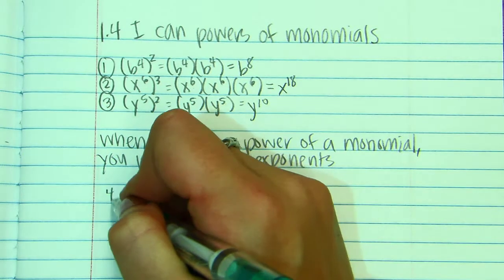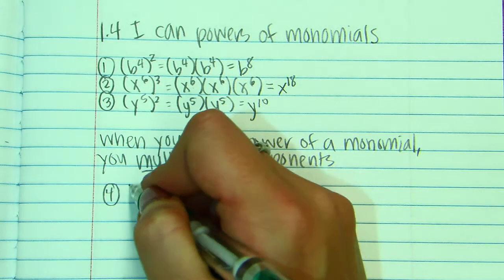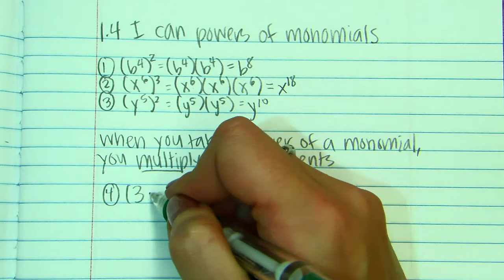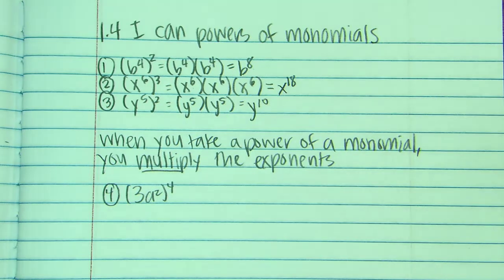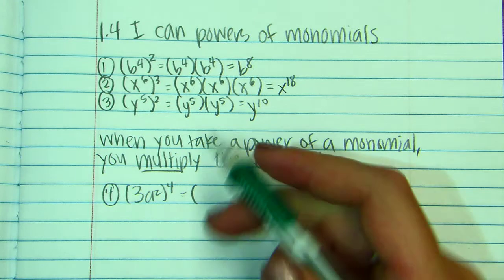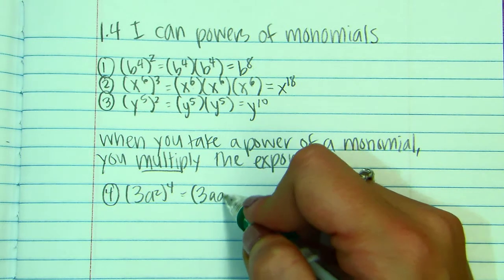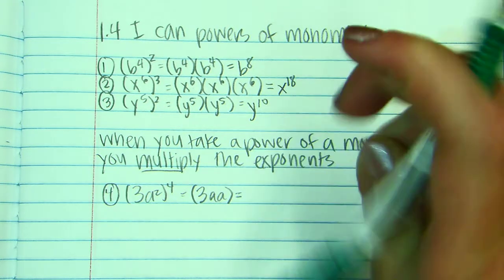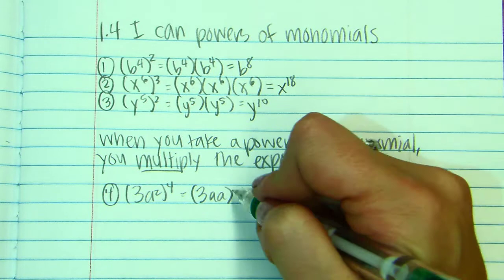So for the next example, let's do 3a squared to the fourth power. So this one I'm going to write everything out. And so I know 3a squared is really 3 times a squared, and then this whole thing is raised to the fourth power.